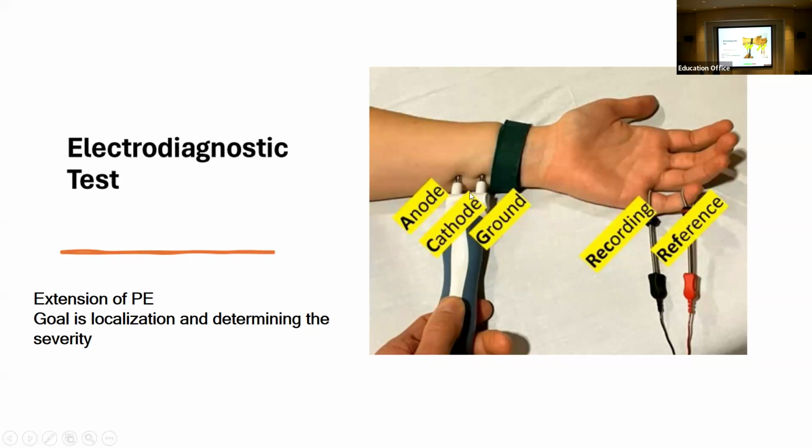The anode and cathode are at the stimulation site, with the cathode closer to the recording site, and there is a ground electrode in between. Basically, electrodiagnostic testing is an extension of your physical exam, and the purpose is to localize and to determine the severity of the damage.